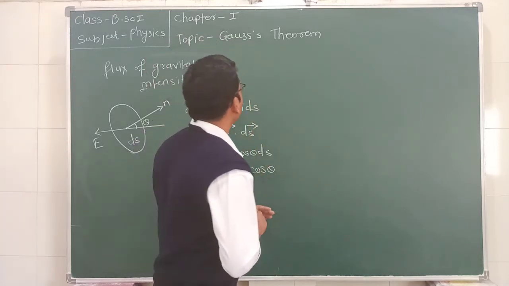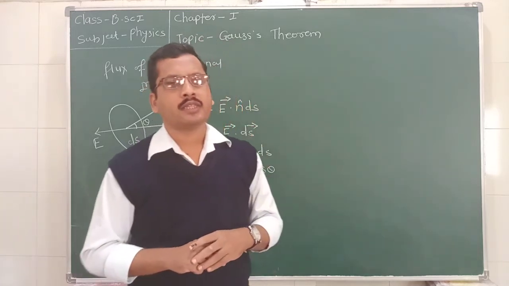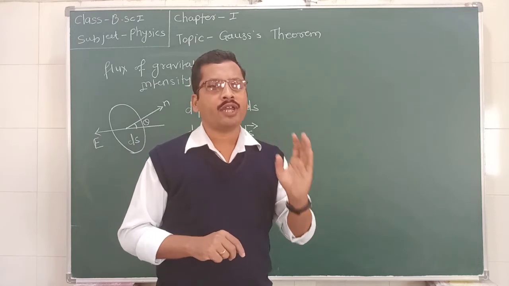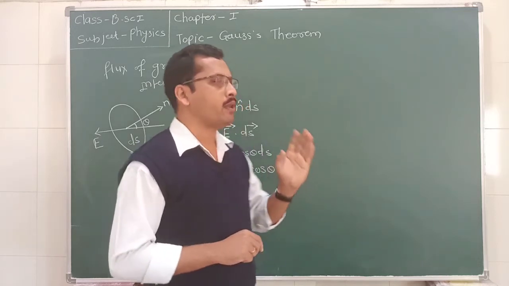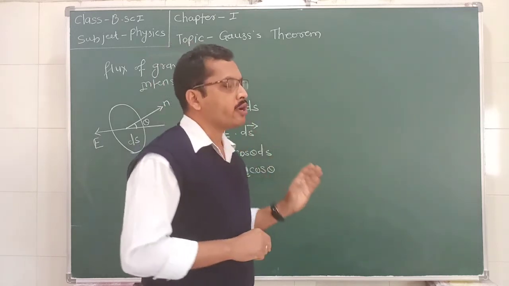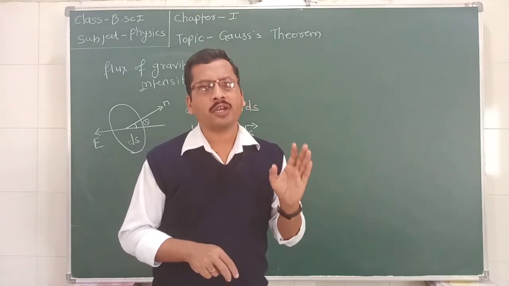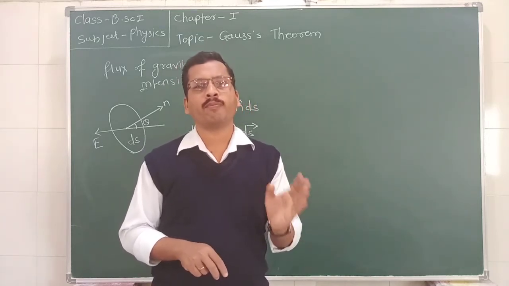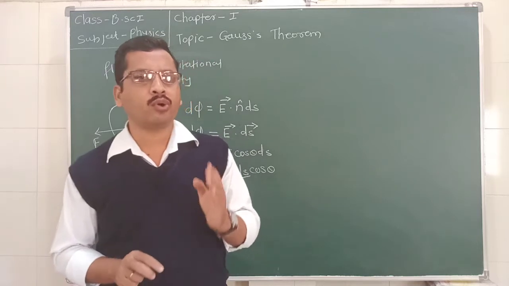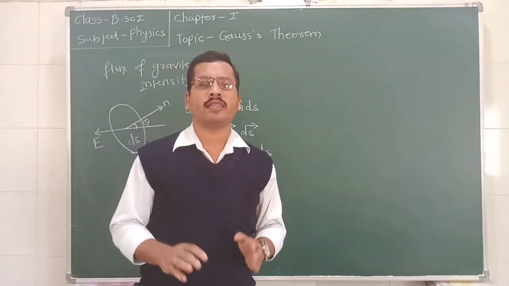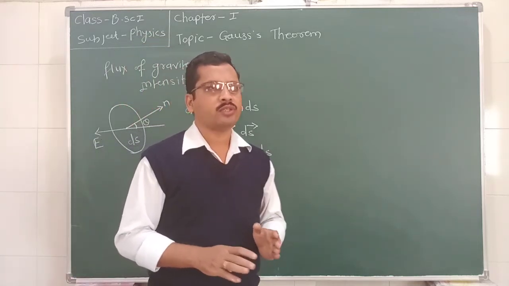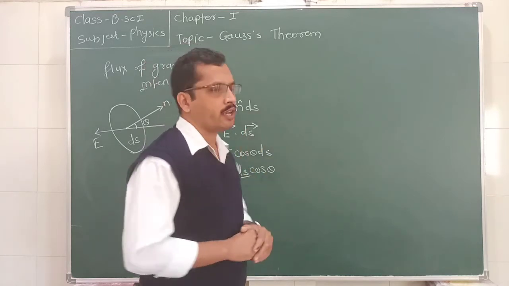Again we can state the Gauss theorem as: the gravitational intensity flux through any closed surface is equal to minus 4 pi G times the total mass enclosed by that surface. So this is the statement of Gauss theorem.